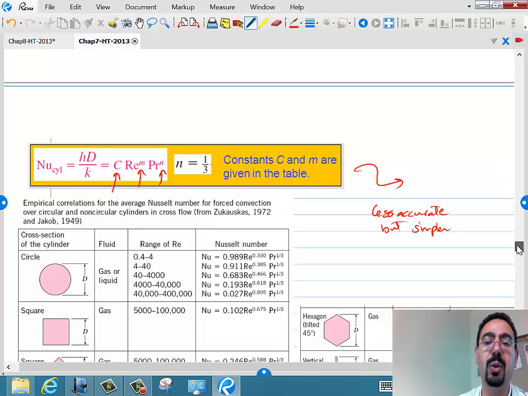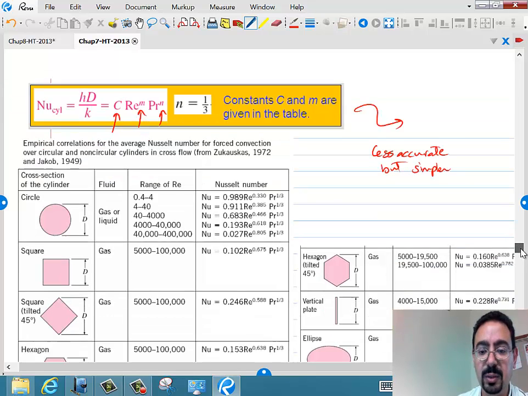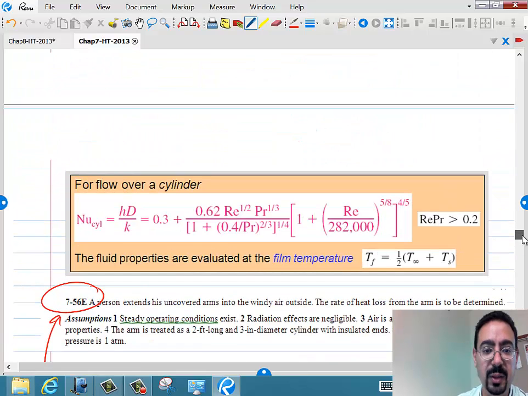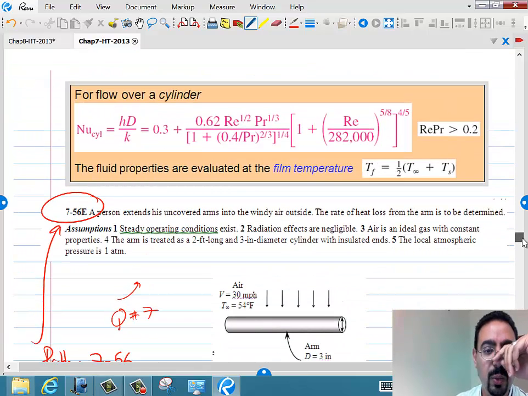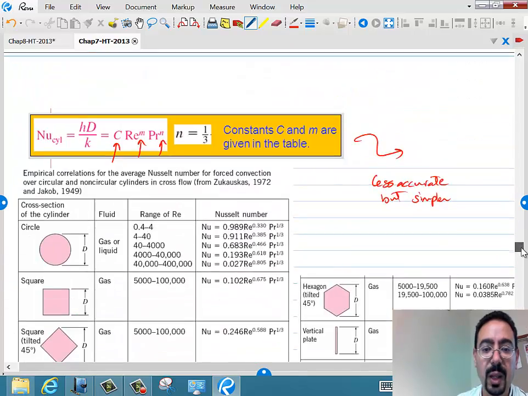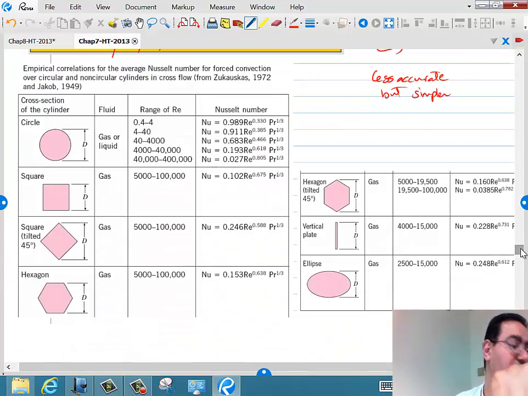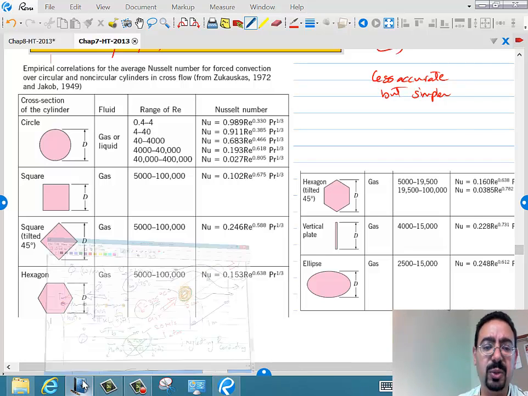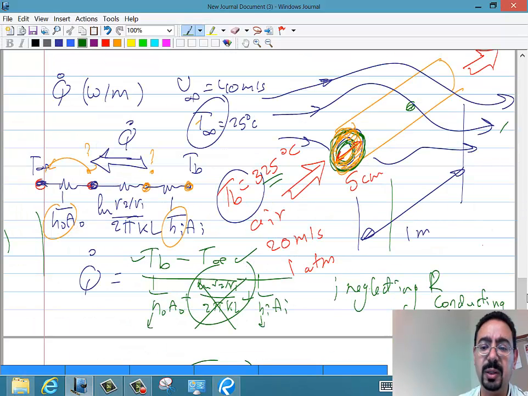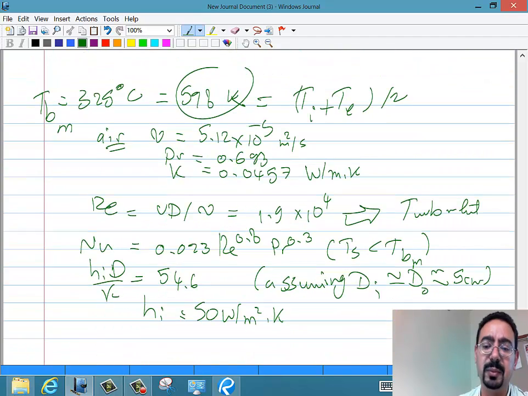Did it say in the table all properties should be evaluated at the film temperature? The slide above it? Right. But I think in the table you should be able to see this, not on the correlation above it. Does the table itself say the properties should be evaluated at T-film? It should.